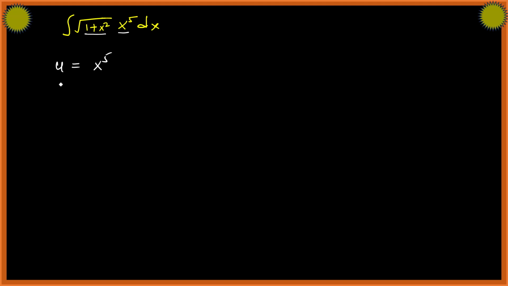Now my du will be 5x to the power 4, which will be complicated here. Now the idea behind the substitution rule is to replace a relatively complicated integral by a simpler integral.